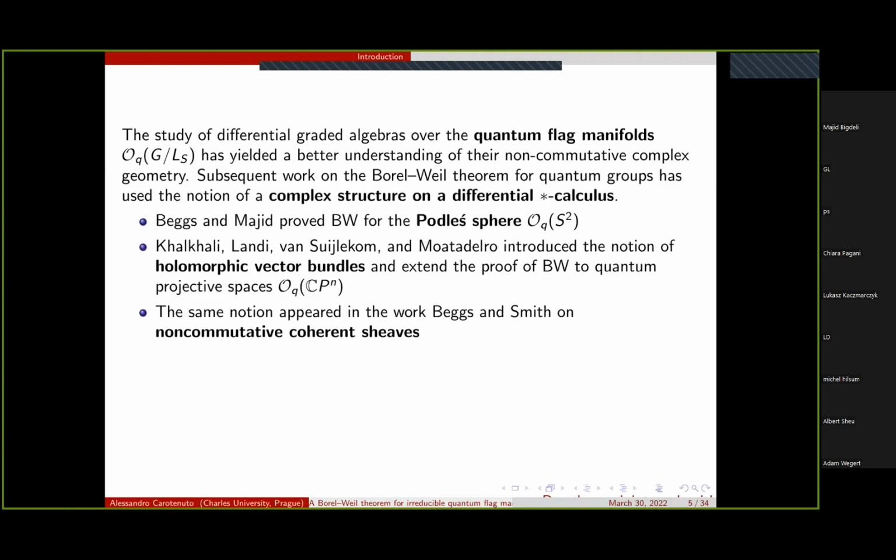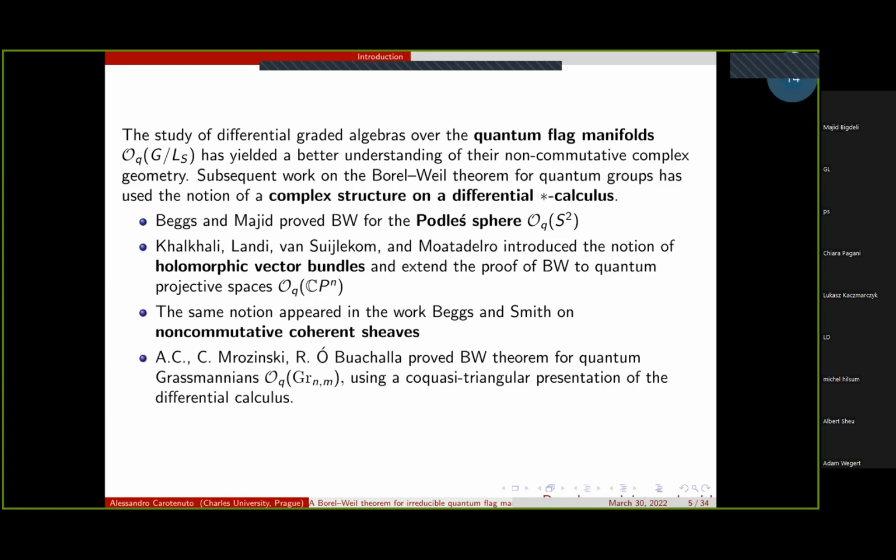And the same notions also appeared in the work of Beggs and Majid on non-commutative coherent sheaves. So as we see, this number of works on non-commutative versions of the Borel-Weil theorem proceeded step by step.